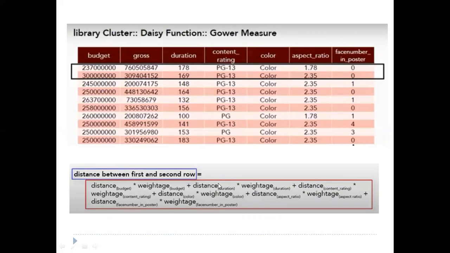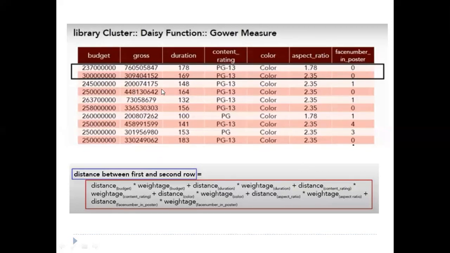For duration, I calculate the distance and assign the weightage, and the same for content rating, and it goes on. To calculate the distance between these two objects, the first row is object 1 and the second row is object 2, so I have to use this formula.